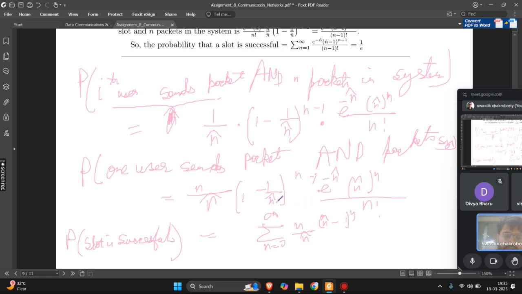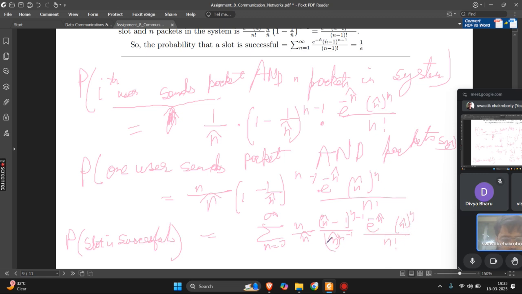You take LCM and n hat to the power n will cancel from the denominator. So here it is n hat to the power n minus 1, e to the power minus n hat, n hat to the power n by n factorial.